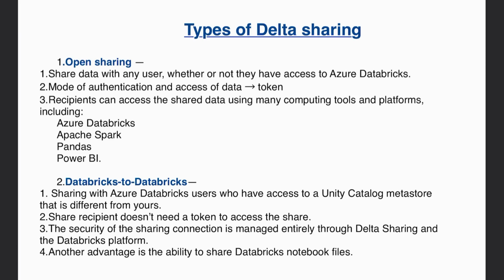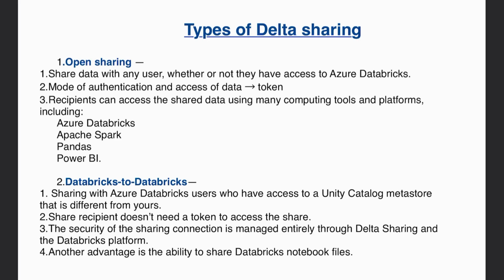The recipient can access that shared data using many computing tools and platforms like Azure Databricks, Spark, Pandas, and Power BI. And there are many more. You can see the Databricks documentation and you will come to know what other things have been included right now in Databricks as the new updates come.